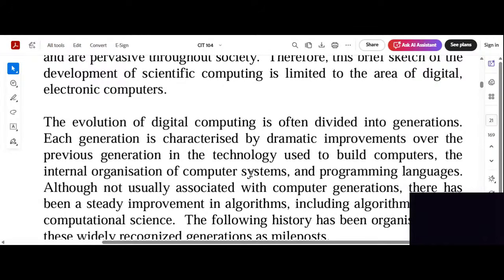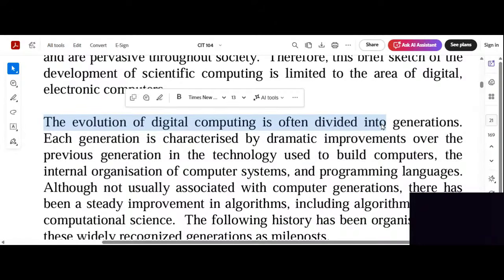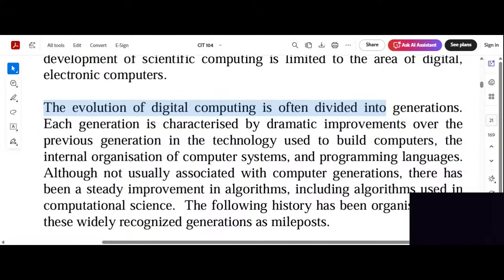Now, the evolution of digital computing is often divided into generations. That is why we'll start talking about generations of computer. Now we've known about digital computers, you know that we have two sets that have passed, the mechanical and then the analog, now the digital.